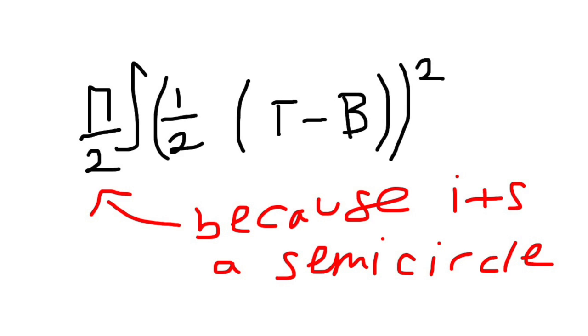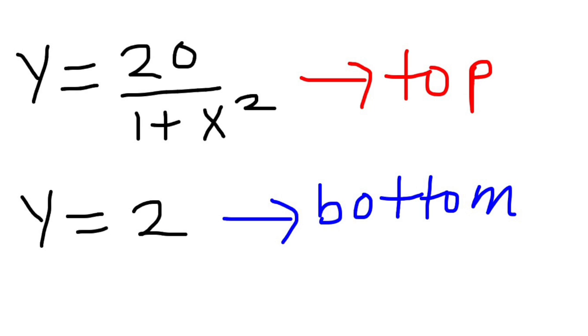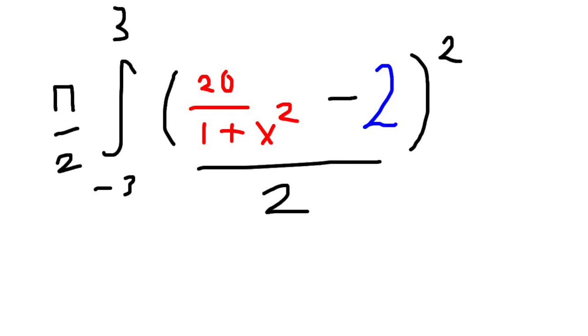And so you still use your top minus bottom, and the top minus bottom part is what makes up the radius. So if you're wondering where that part is incorporated, it's still the same. The top should be 20 divided by 1 plus x squared, and the bottom should be 2. And so you make sure you square all that and divide it by 2.